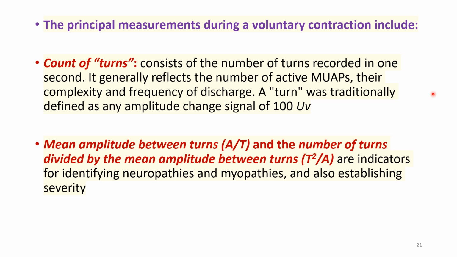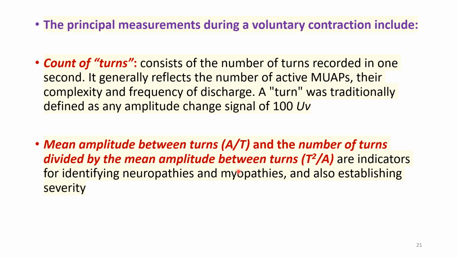It generally reflects the number of active motor unit action potentials, their complexity and frequency of discharge. A turn was traditionally defined as any amplitude change signal of 100 microvolts. So there should be a change in the amplitude of 100 microvolts, and that is one turn.